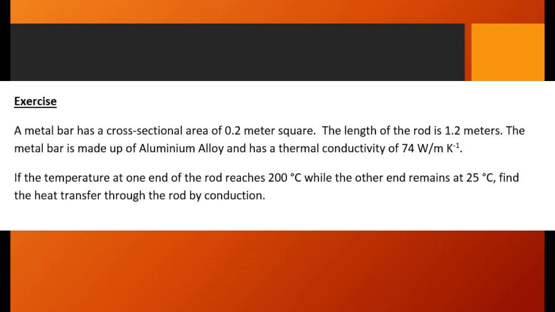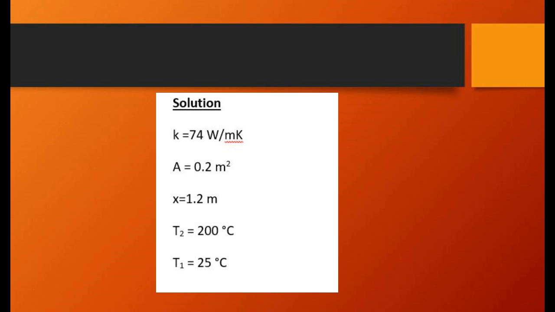Now let's go through the problem again, and what we notice is that we have been supplied all the values here. So thermal conductivity K is given, which is 74. Area A is also given, which is 0.2 meter square. T2 and T1 are also supplied to you, which is 200 degrees and 25 degrees.